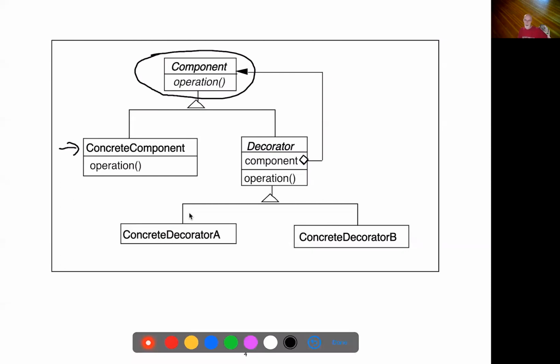The structure only shows one operation, but there could be many. And then the decorator, again, there's an interface and it has a property or a field or a data member which holds a reference to the component. And then you have multiple different decorators, concrete decorators. That's the structure, but it doesn't tell us how it operates.